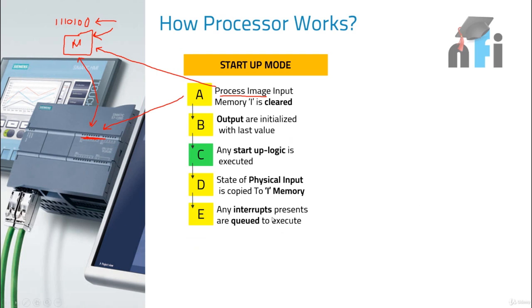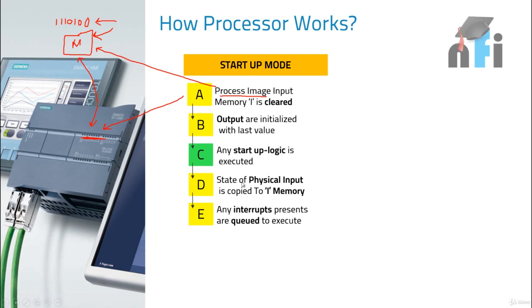Next, any interrupts present are queued to execute. Interrupts are some special instructions which have higher priority over the normal scan cycle of PLC, which means these can be executed without taking care of the PLC scan cycle.